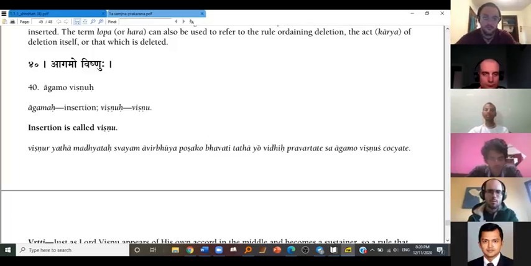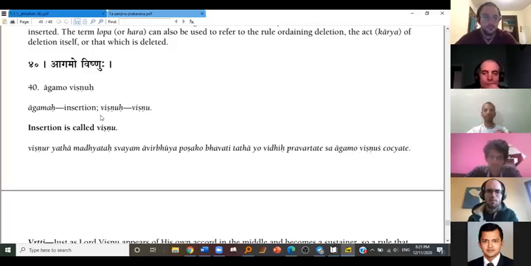Similarly, the vidhi, the process which allows a particular letter or a pratyaya or something to peep in, to come in between, and which helps us to solve the grammatical equation, so to say, to end up in the final form. That vidhi is known as āgama or viṣṇuḥ. Viṣṇuḥ in our Harinamamrit and āgama in general.